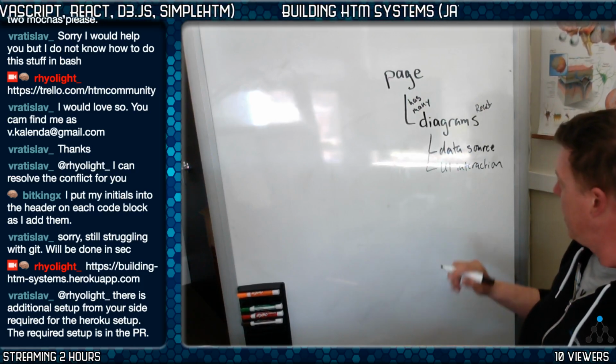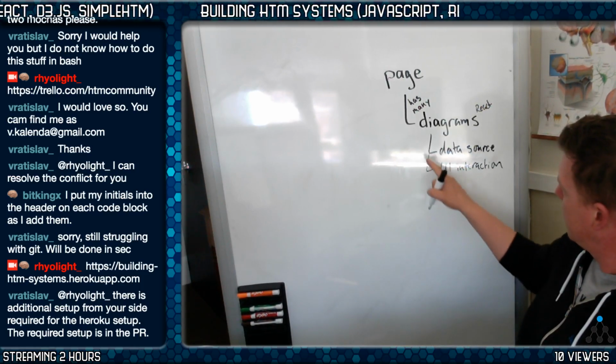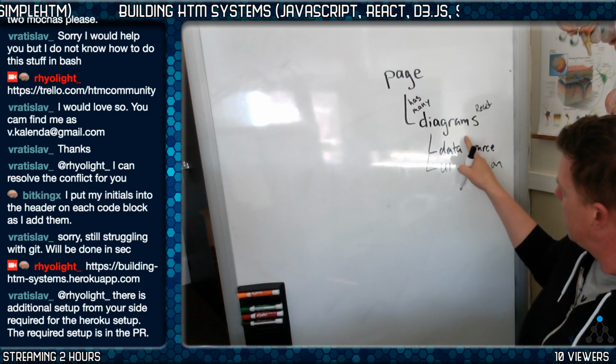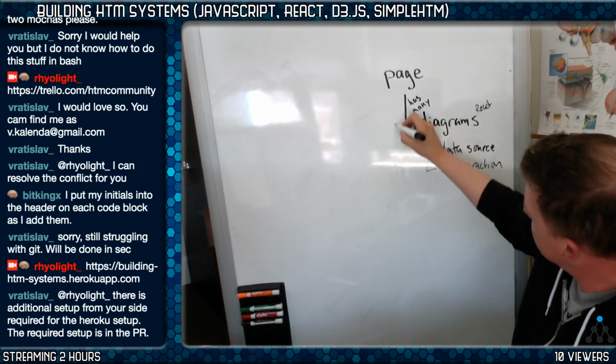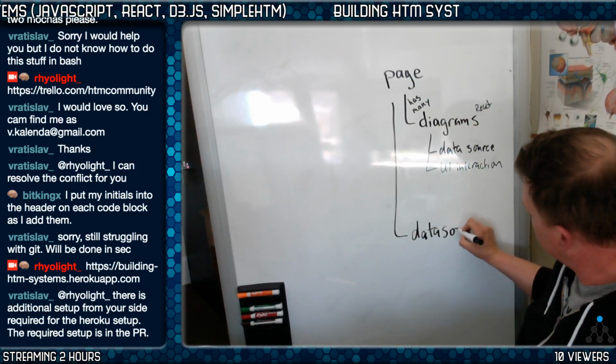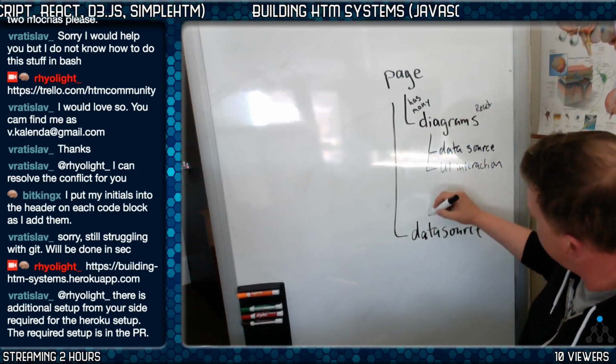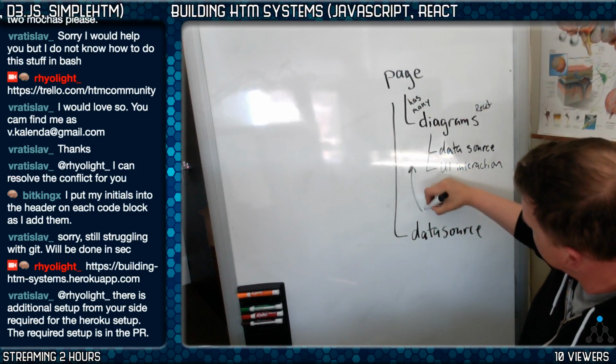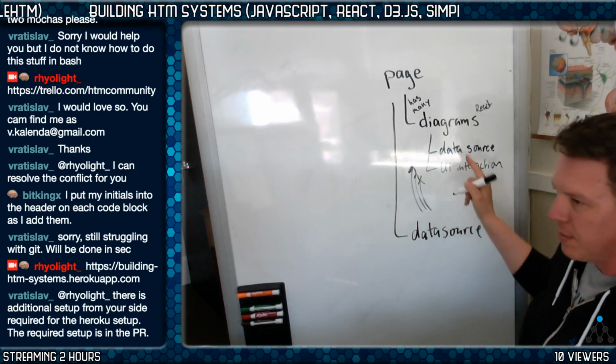So, the tricky thing is, it might have its own data source, or the page might have a data source that is driving many animations. That is the source for many animations.